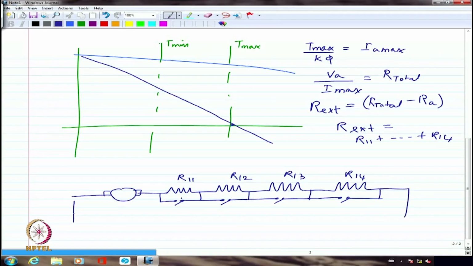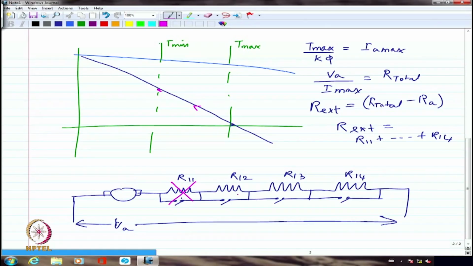So I have switches across each of these, and I'm including this as my VA. Now, as soon as the machine accelerates and comes to this point corresponding to T minimum, I will switch on this switch, so one of the resistances will be cut off.